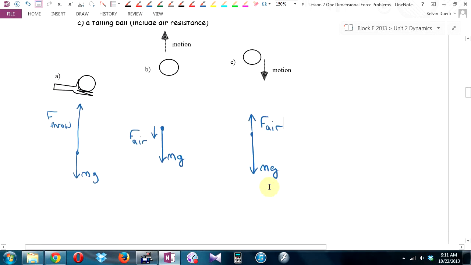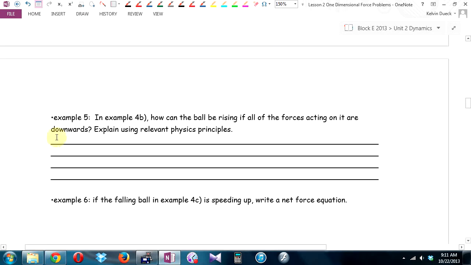How the heck can the ball be going up if all of the forces are down? It's decelerating. Decelerate? That's a word. Explain. Well, you have initial velocity up. Yeah. So it has that. It's slowing down because gravity and the F air is pulling it down.